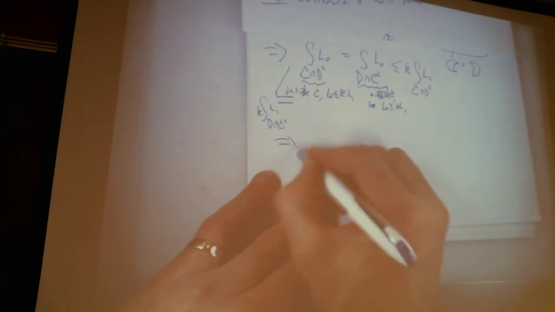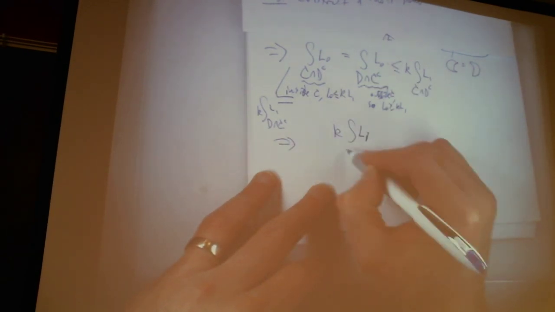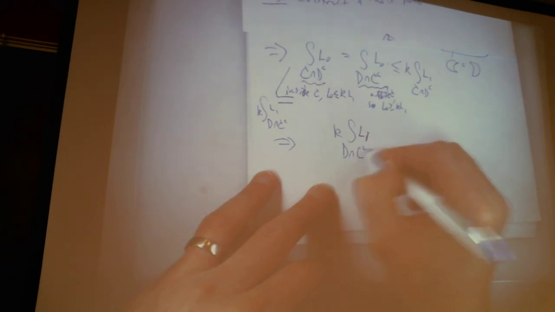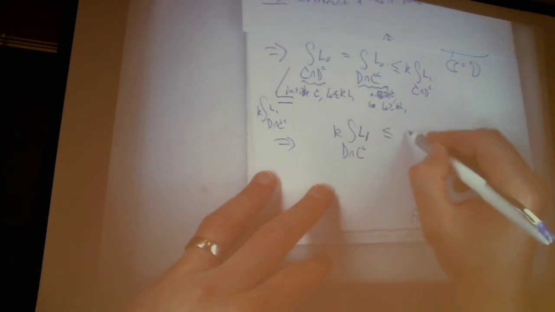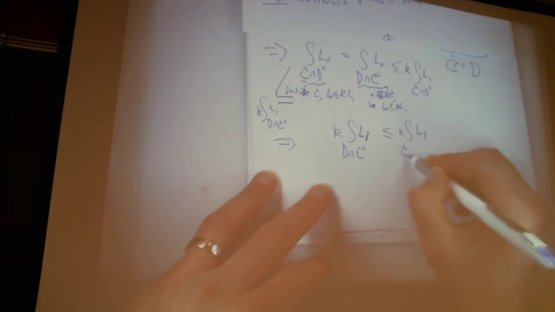It's a tiny little trick. Let me write this down again. This means that this constant times the integral of L1 over D intersect C complement is a lower bound for the integral of the same constant times the same L1 over C intersect D complement.